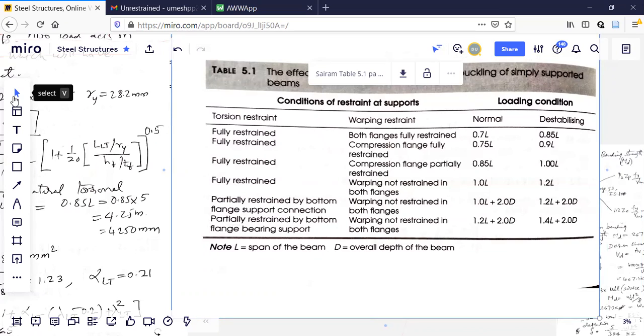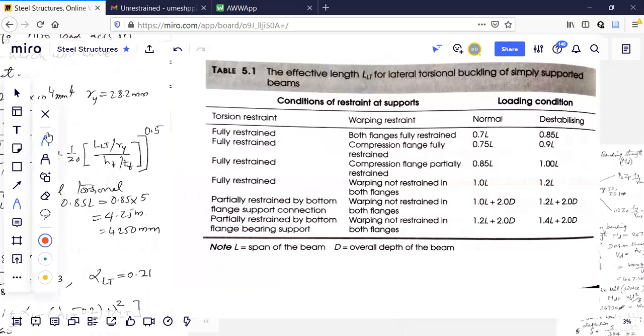The beam as a whole is unrestrained, but the supports are restrained. It is related to support conditions, whether they are free or whether they are inside the wall. The beam is inside the wall at the ends, something like that. So fully restrained, both flanges are inside, both ends are fixed.